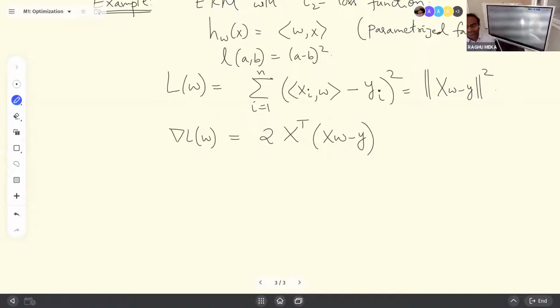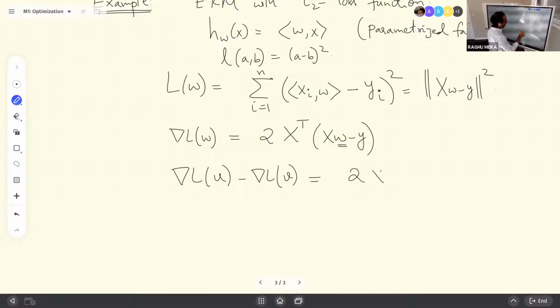Yes or no? So the thing is, you have to remember that beta smoothness means that the change is bounded irrespective of where in the space you are. Here that is true because if I look at the gradient at some point minus the gradient at some other point, let's say u and v, the difference is this much.